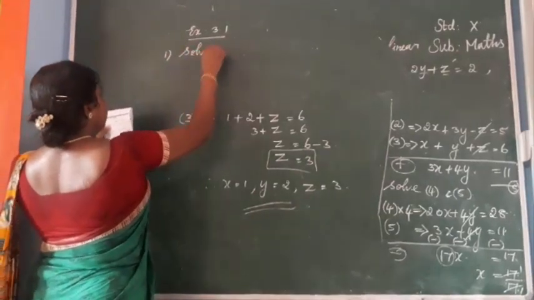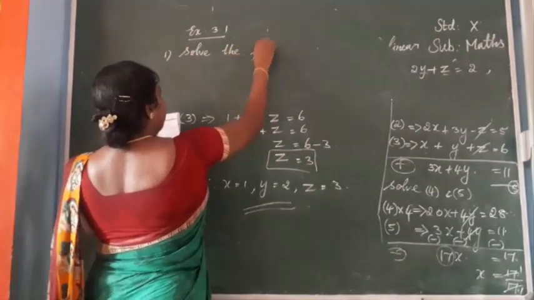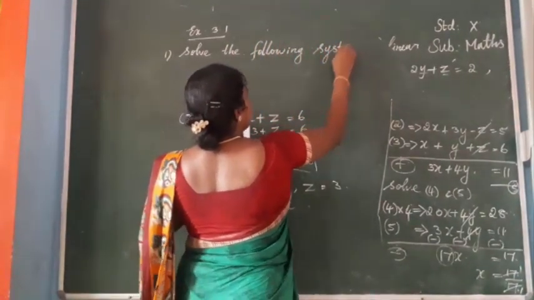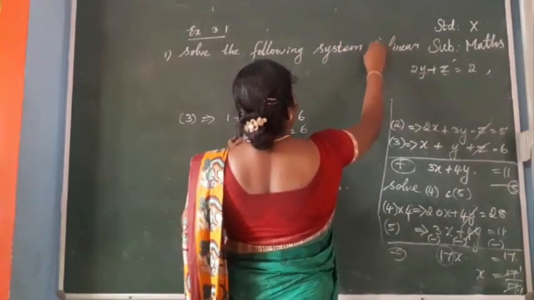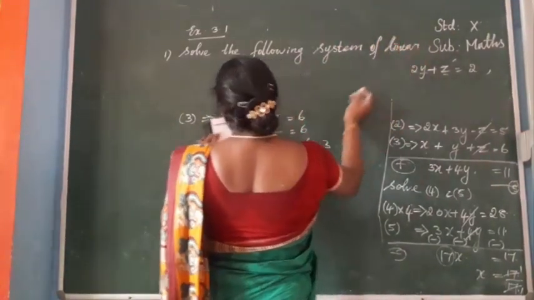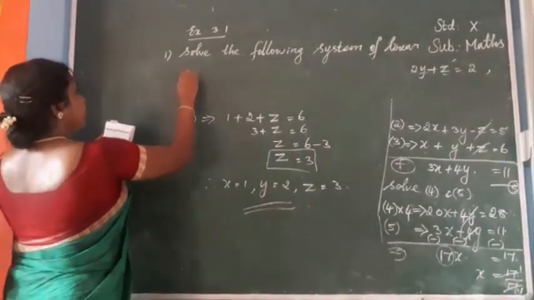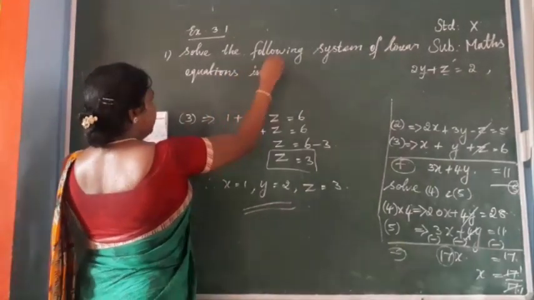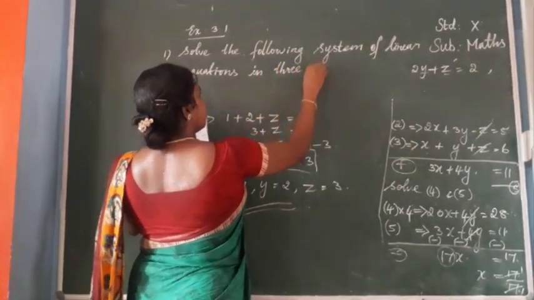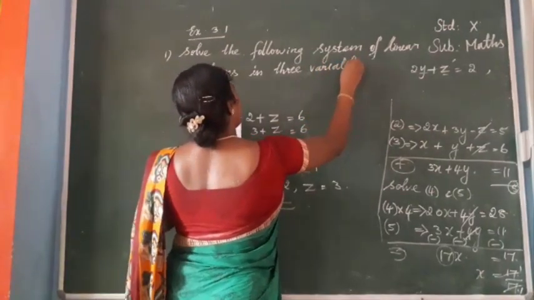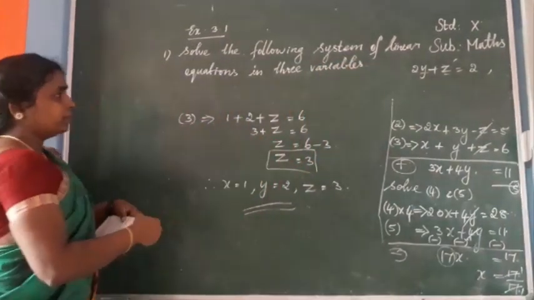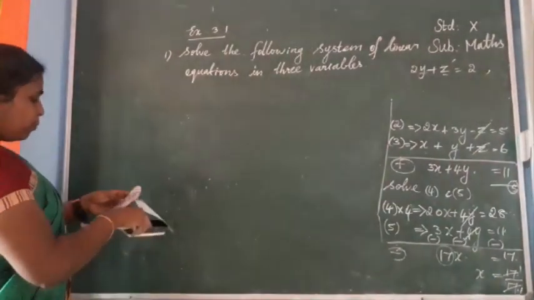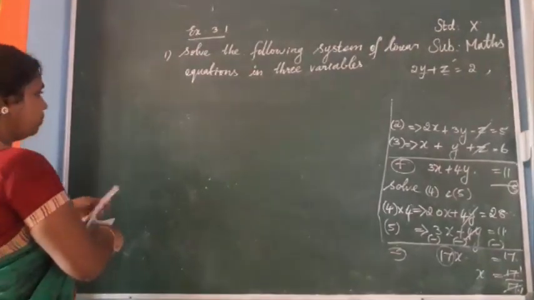Solve the following system of linear equations in three variables. Okay, listen. Not the first subdivision. Now I am going to do the second and third subdivisions.